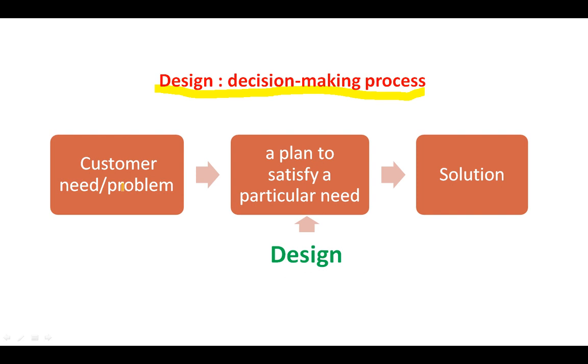So first of all, design engineer will study that problem, then he will decide the specification what should be done on that particular problem, and then design engineer will formulate a plan to satisfy that particular need, and that plan is called as design, and ultimately in the end we will get a solution to that problem. So designing means a decision making regarding a particular problem.